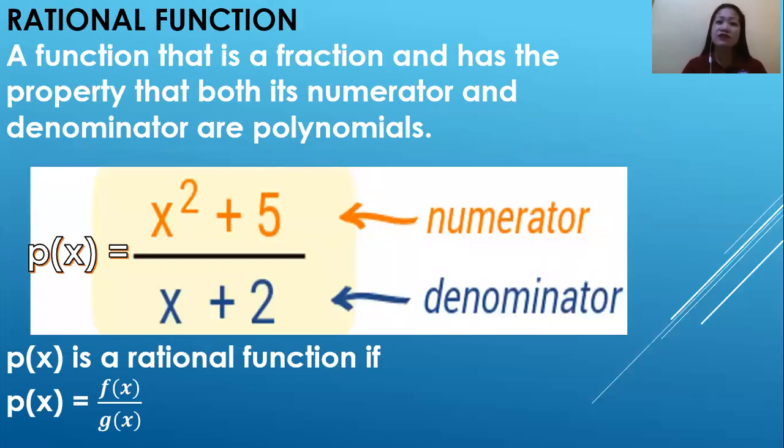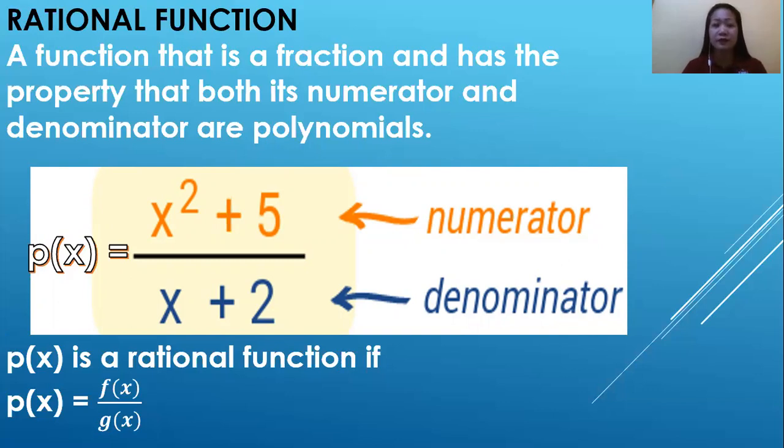Okay, how about rational function? It is a function that is a fraction and has the property that both its numerator and denominator are polynomials. It could be monomial, binomial, trinomial, and polynomial. Okay, in the given example, p of x is equal to x squared plus 5 over x plus 2.